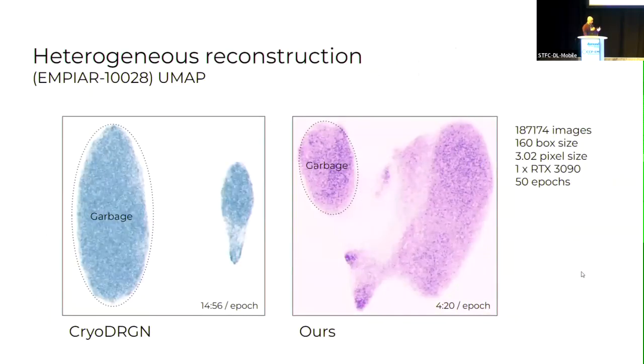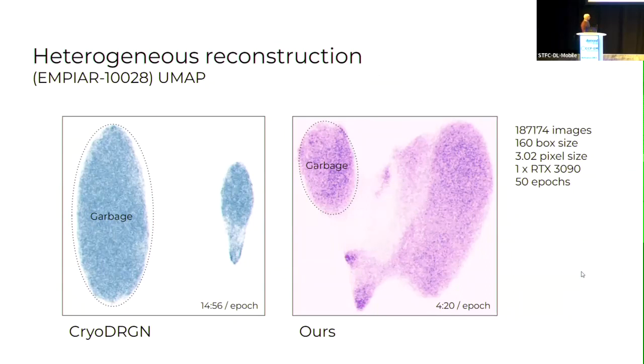Using this, we trained the network and compared it to cryoDRGN, and we see that we get very similar results. This is for the Plasmodium ribosome data set, an extended data set with almost 200,000 particles and a bunch of garbage particles, and we wanted to see how it handles garbage. CryoDRGN and our method get very similar results, although I think mine looks better because it's purple.